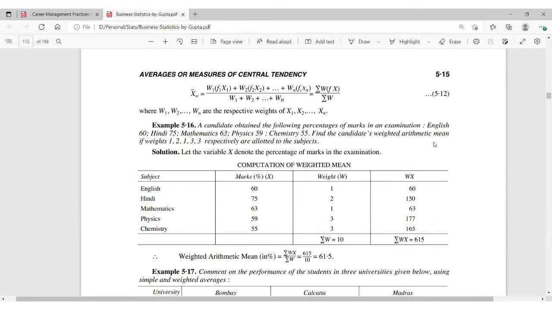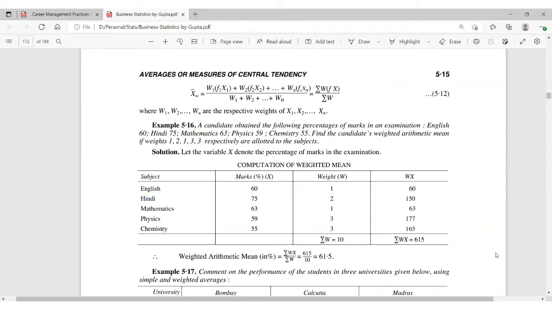A candidate obtained the following percentage of the marks in an examination: English, Hindi, and all this, right? Find the candidate's weighted mean; the weights are given to us, right? For example, for a particular admission, in your stream, what you need more is biology, chemistry, right?